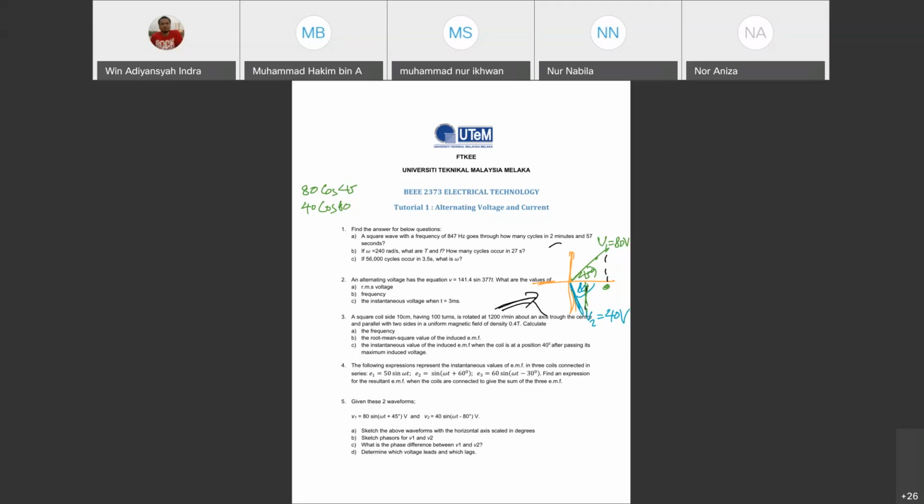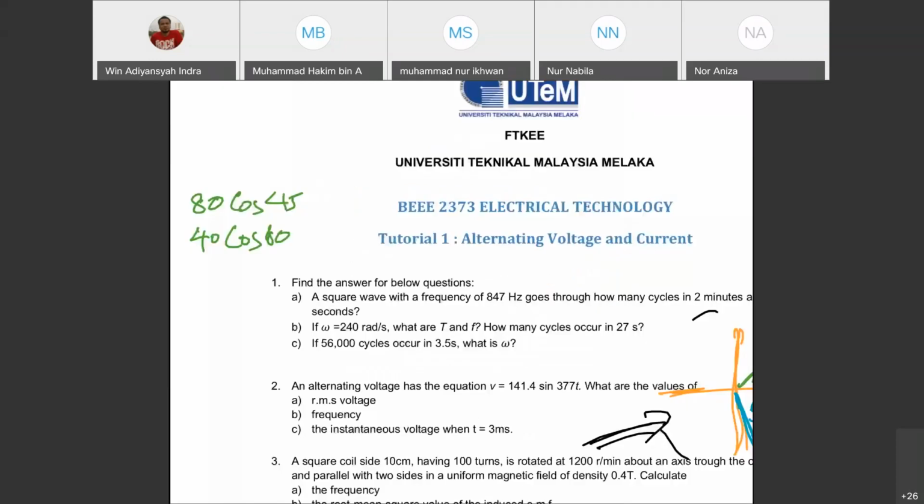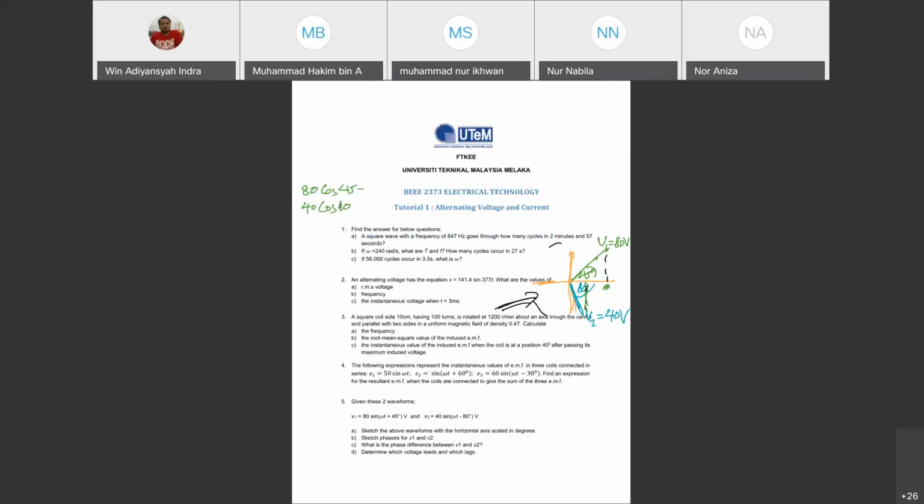If you use your calculator, you will get 6 for this one. If you add all together, you will get 63.5.